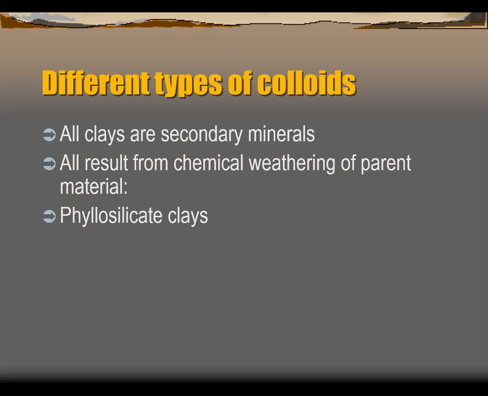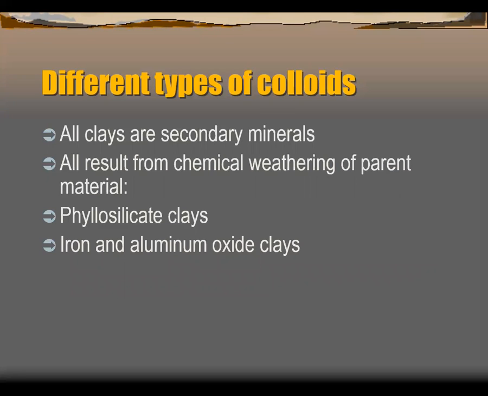Kaolinite clay, which used to be incredibly valuable for porcelain clay things. There are areas where their whole industry was built on the fact that they had deposits of high quality kaolinite clay that could then be used in potteries, for example. So a lot of these clays have economic value.